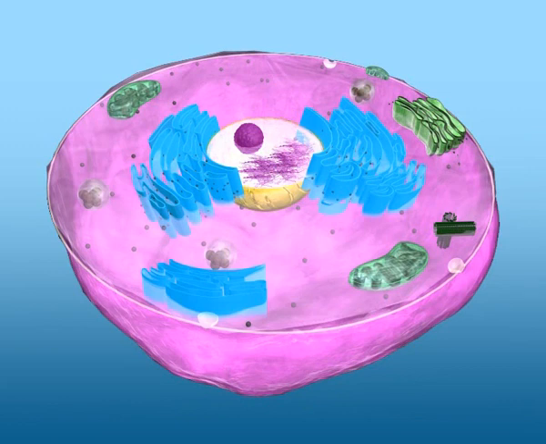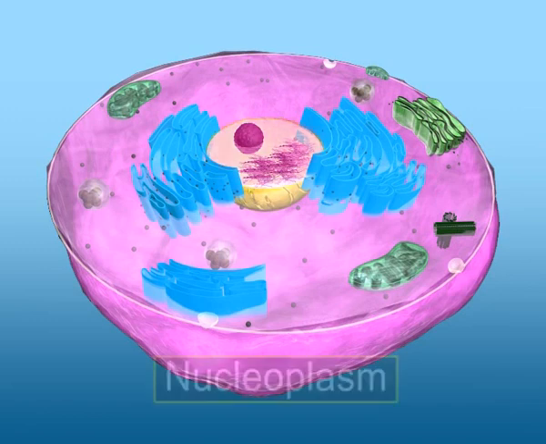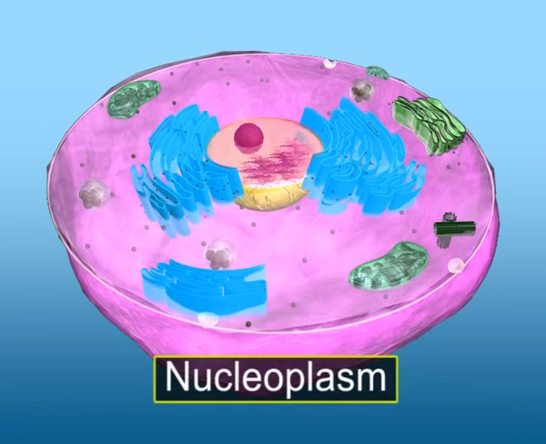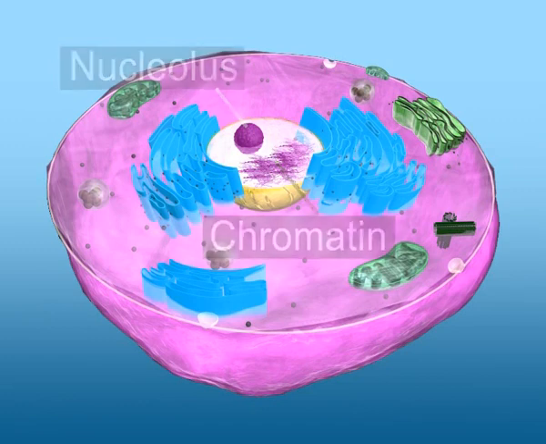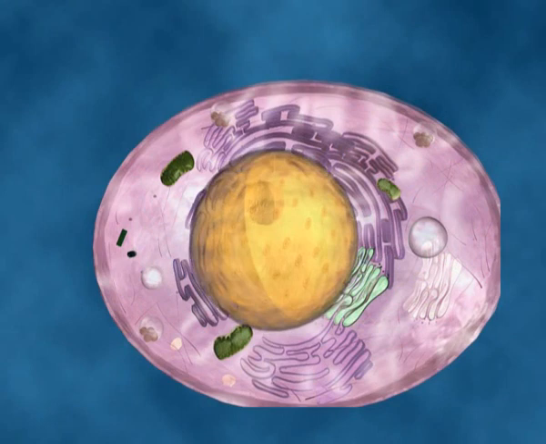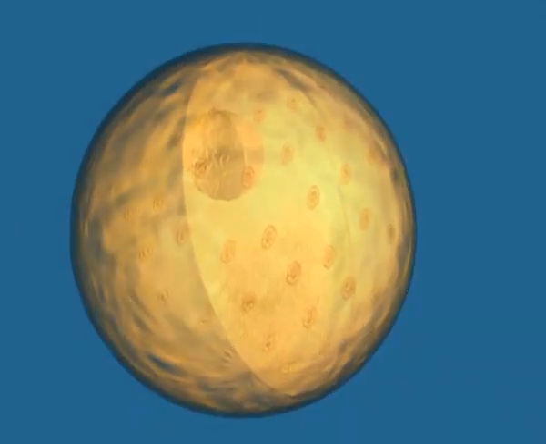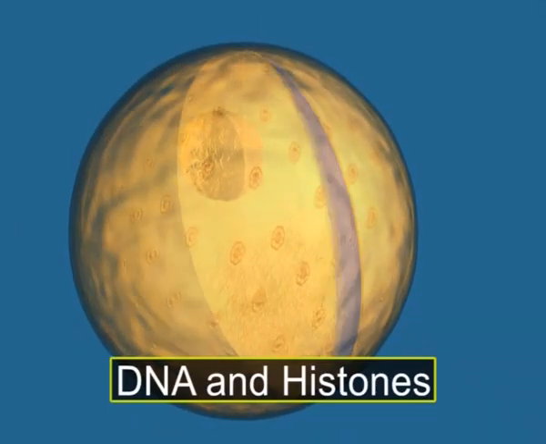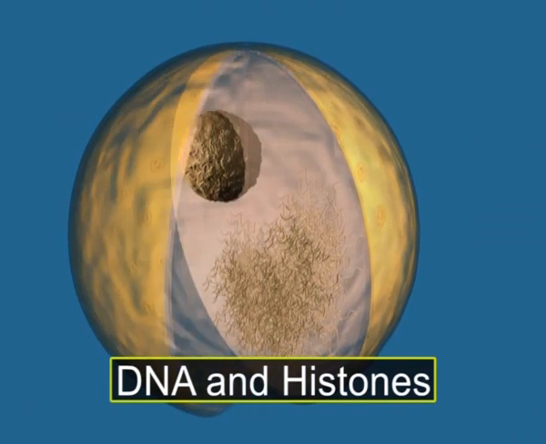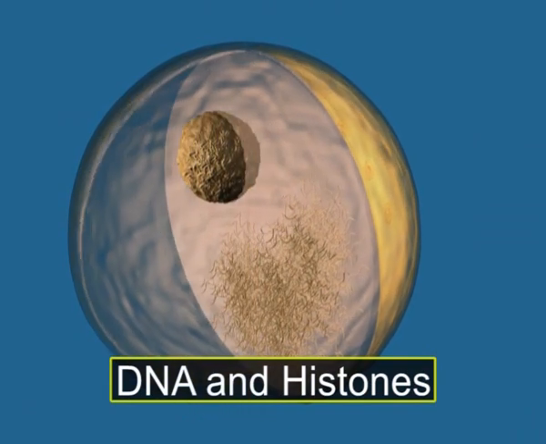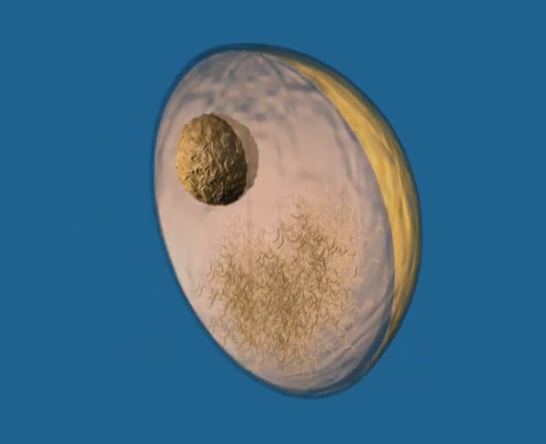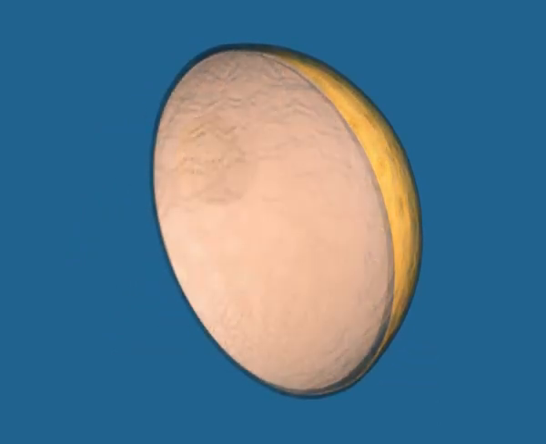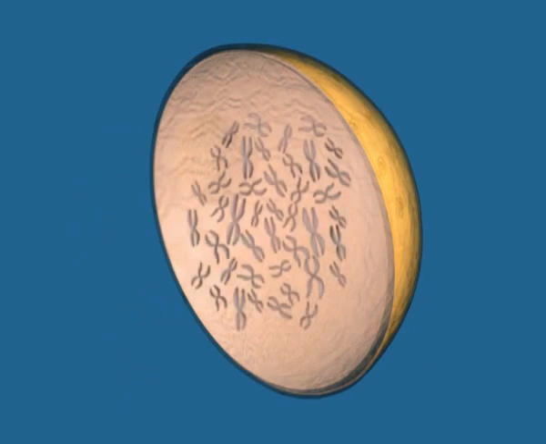The nuclear matrix or the nucleoplasm contains nucleolus and chromatin. Chromatin are thread-like structure composed of DNA and some basic proteins called histones. Chromatin condenses to form chromosomes during cell division.